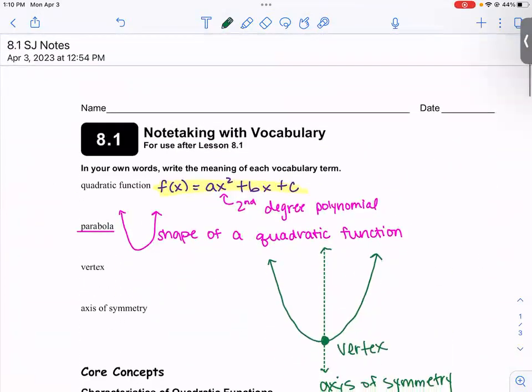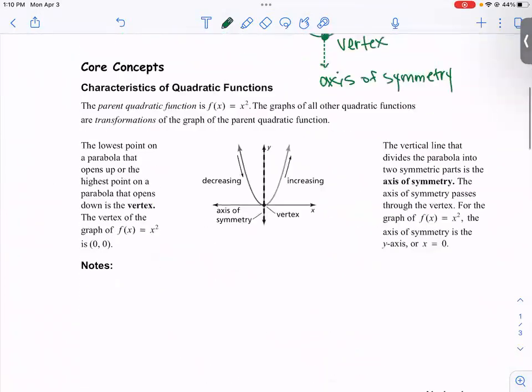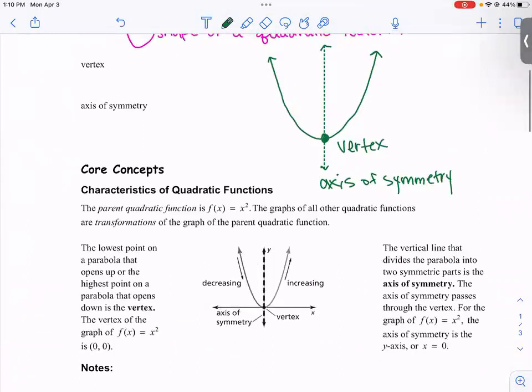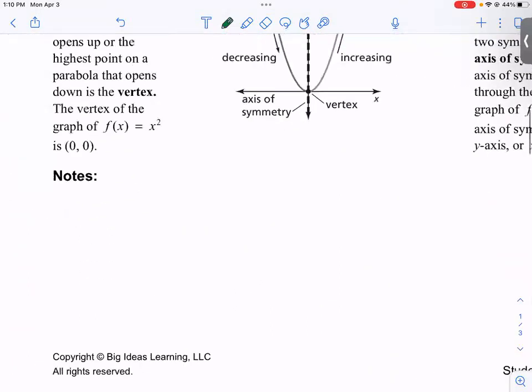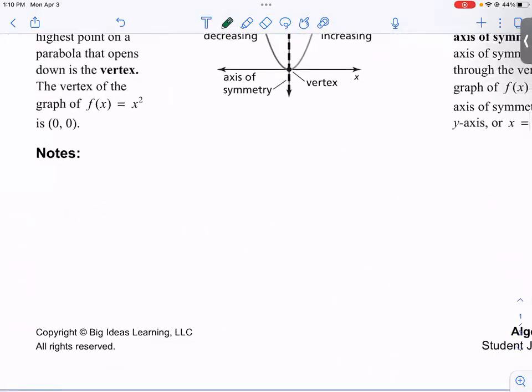Let's talk about the graph of x squared.